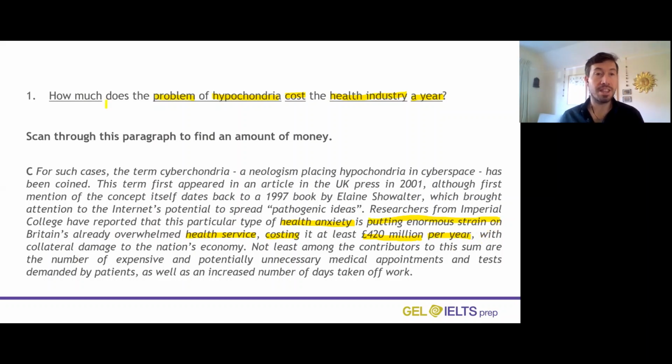So we can say that this 420 million is definitely the correct answer because all of this sentence here is paraphrased, or they're synonyms of the words in the question. So that's how we would scan for information. You'd find this one piece of information and then you check the other words around it.